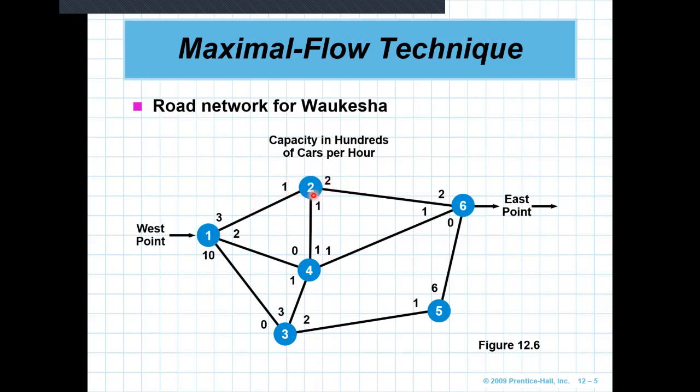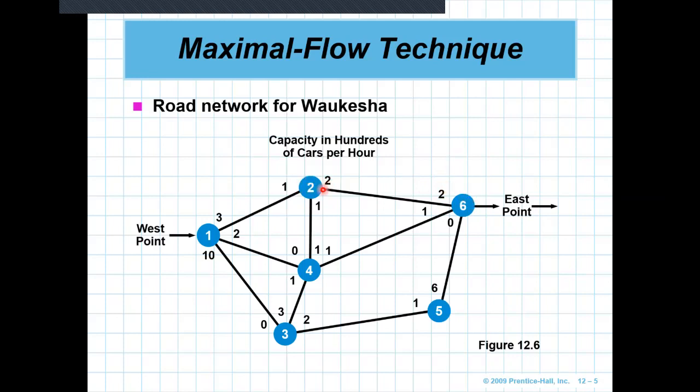And the next example is 2 to 6. There are 200 cars per hour that can go from 2 to 6, and the other 200 cars per hour can go from 6 to 2.